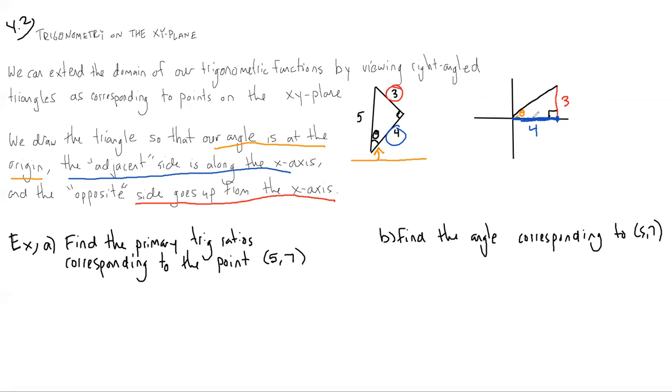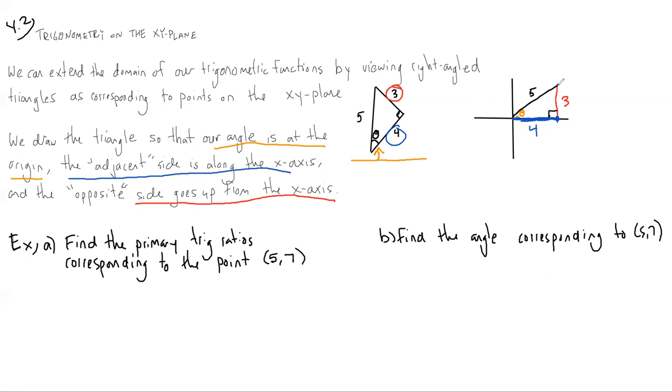So it's the same triangle. All I did was rotate it a little bit and put it on the xy plane. Maybe you have to flip it around a little bit, do a reflection. It doesn't really matter. What we need though is that the adjacent is along the x-axis, and then the opposite goes up from there.